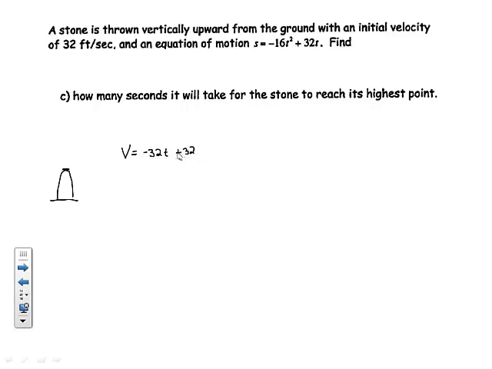We're trying to find the time it takes to reach the top. The velocity is 0 at the top. So set it equal to 0 and solve. So I get negative 32t equals negative 32, so t equals 1. So it takes 1 second for it to reach its highest point.